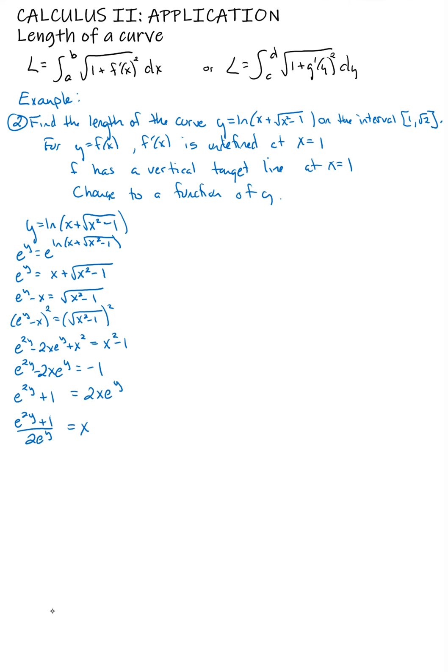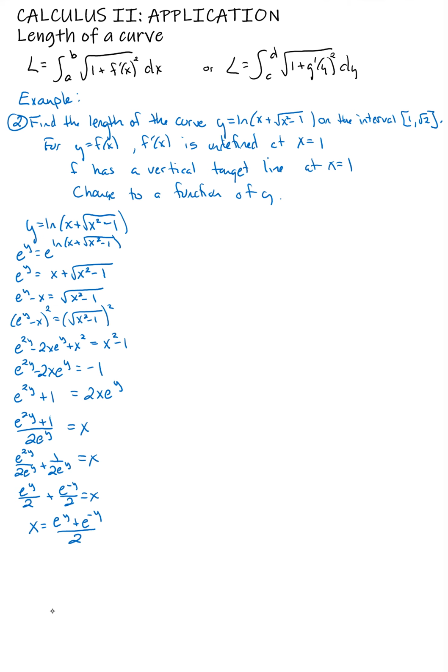And let's see, we can go ahead and simplify this just a bit. So we have e to the y on the first one and e to the negative y on the second one. So x is e to the y plus e to the negative y over 2. Looks kind of familiar.